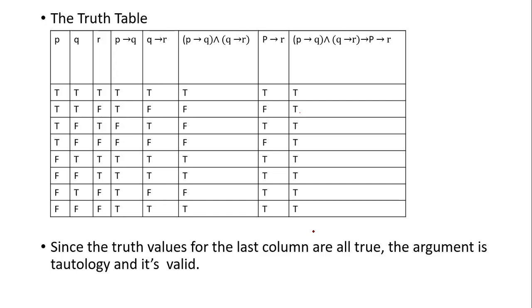Hence, P implies Q, Q implies R, therefore P implies R is a valid deduction. So whenever you are using a truth table for the law of syllogism, we use the tautology to prove it. If it's not a tautology, then it's not valid.